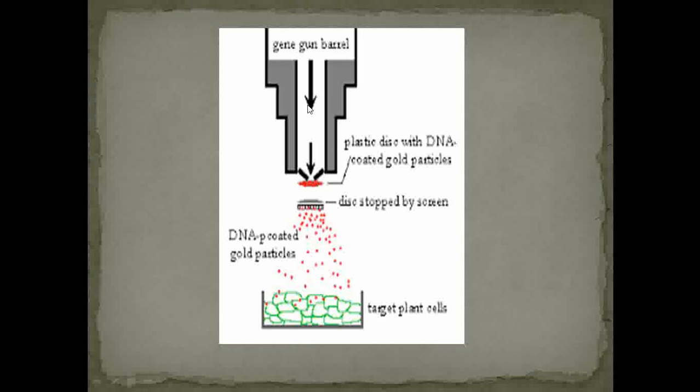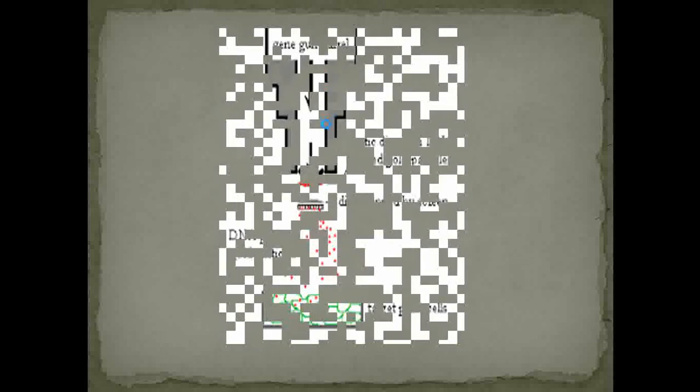By applying pressure, that disc gets inserted into this plant cell. So our DNA, which is coated with gold particles, will enter into the plant cell. This method we call the gene gun method.